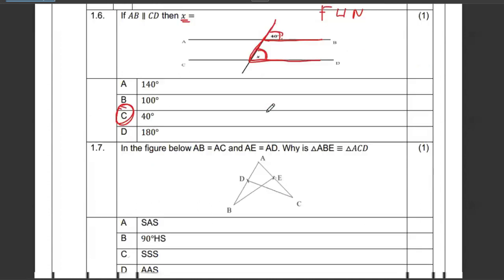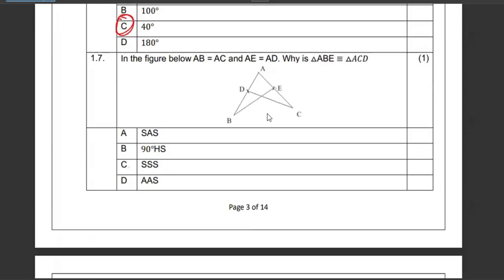Then 1.7, okay? The figure below, AB is the same as AC. And then AE is the same as AD, which is fine. So this is the same as that. Why is this triangle congruent? Remember, these 3 lines simply represent the congruency.